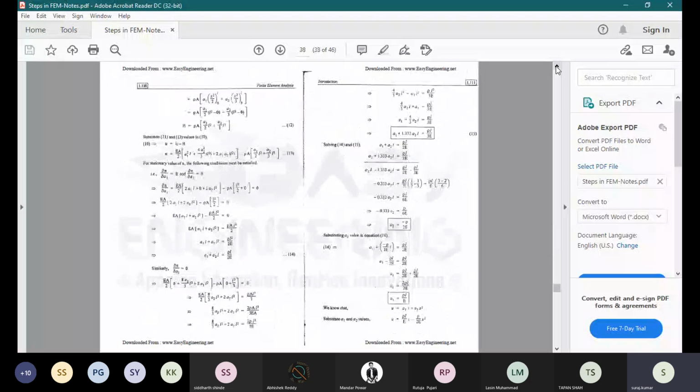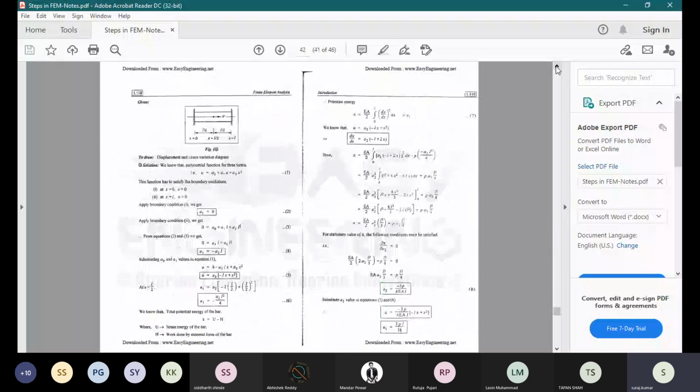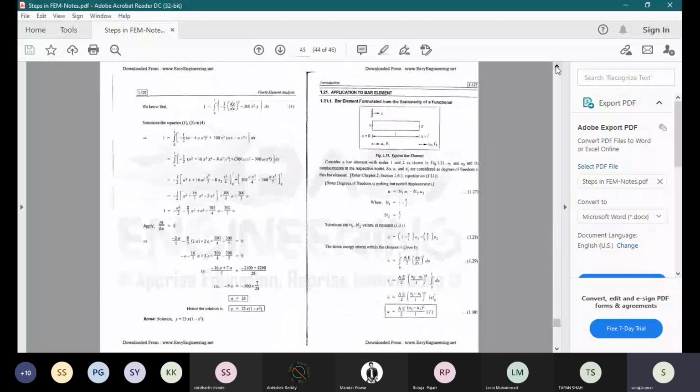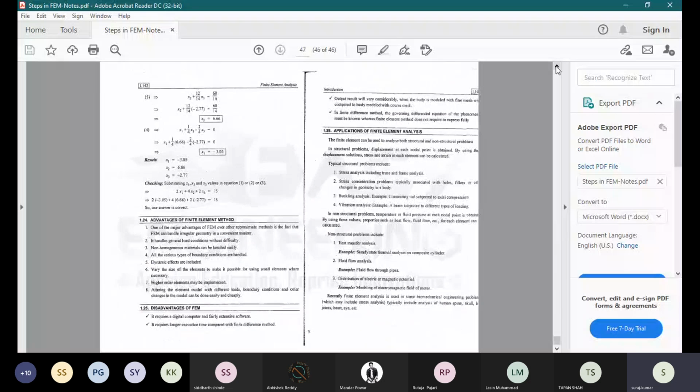From the next chapter onwards, whatever we have learned here, we will start applying to different geometries. We'll start with truss, then beam, then thermal analysis, then axisymmetric and 3D models or 3D objects.